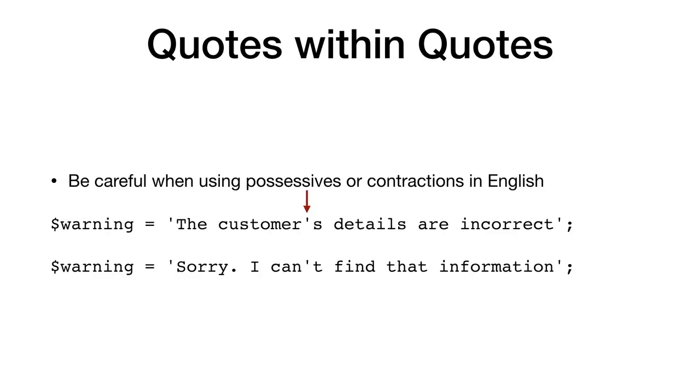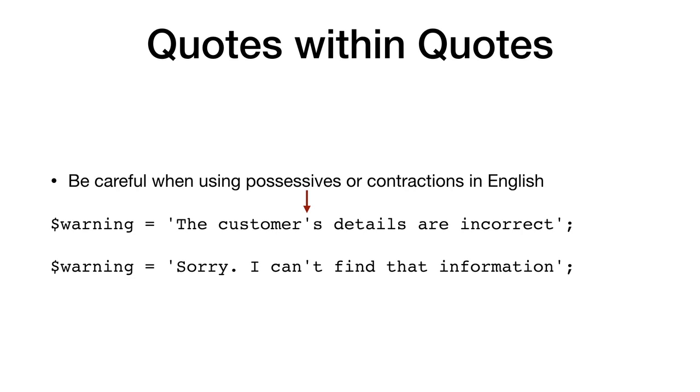Now be careful should you ever need to output possessives or contractions in English, because this can wreak havoc, of course, with the beginning and end of your strings. So if you want to say the customer's details are incorrect, that apostrophe there is the same character as the character that marks the beginning of a string.